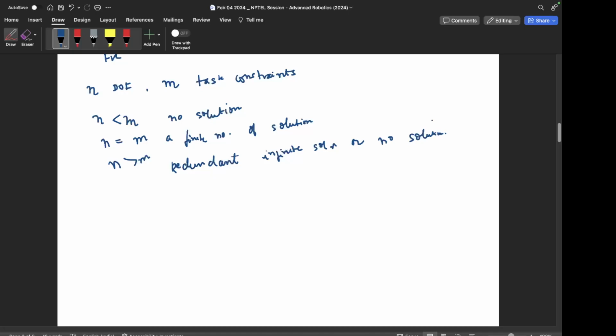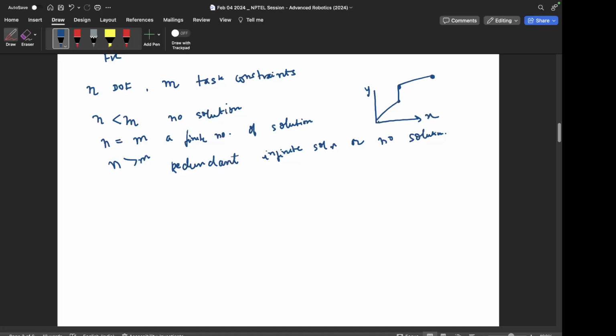Infinite solutions could be for a 3R manipulator which is planar only. A 3R manipulator in plane is redundant, because to move in the xy plane we only need 2 degrees of freedom, and this has 3 degrees of freedom.